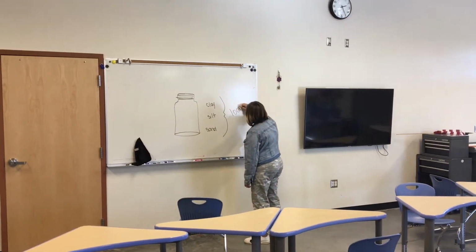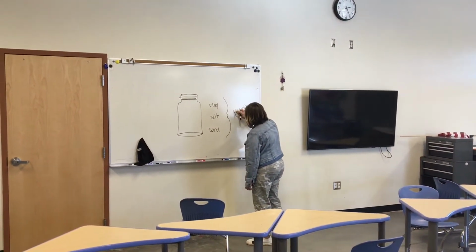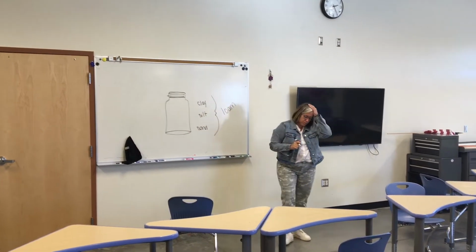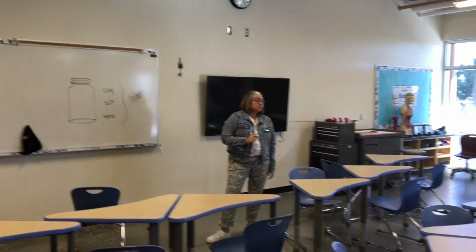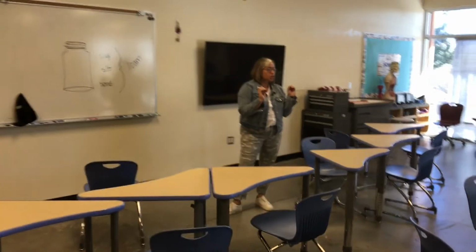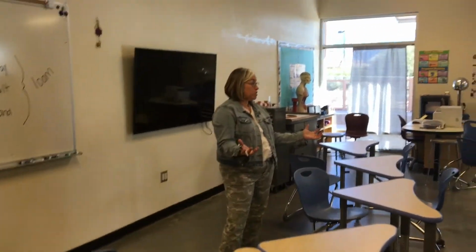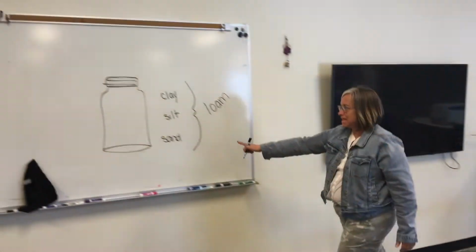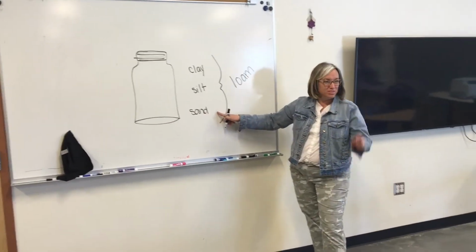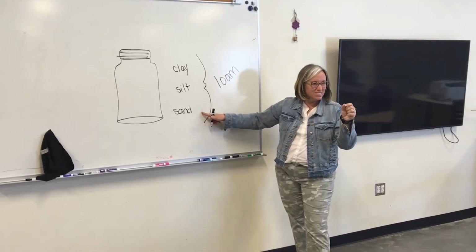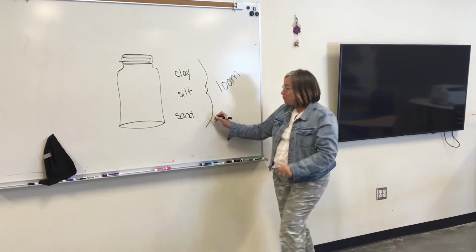Now, I know it's been a while since we talked about this, but let's put our really good memory skills on. To have perfect loam, to have the absolute best soil you can have, do you remember what percentage should be sand? Do you remember? What do you think it was? It was 40.